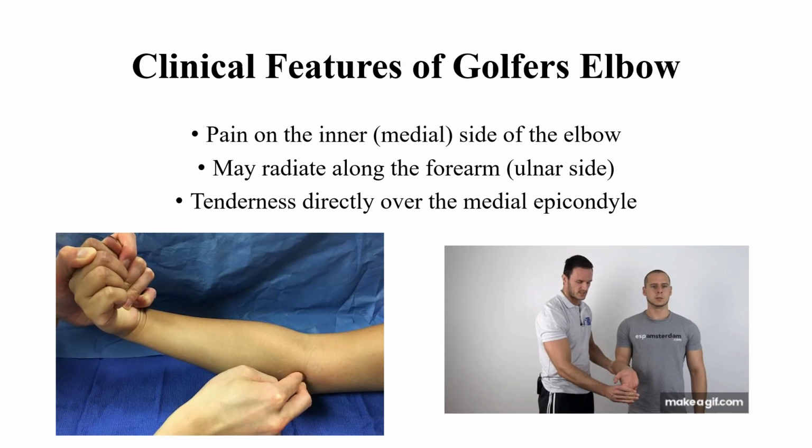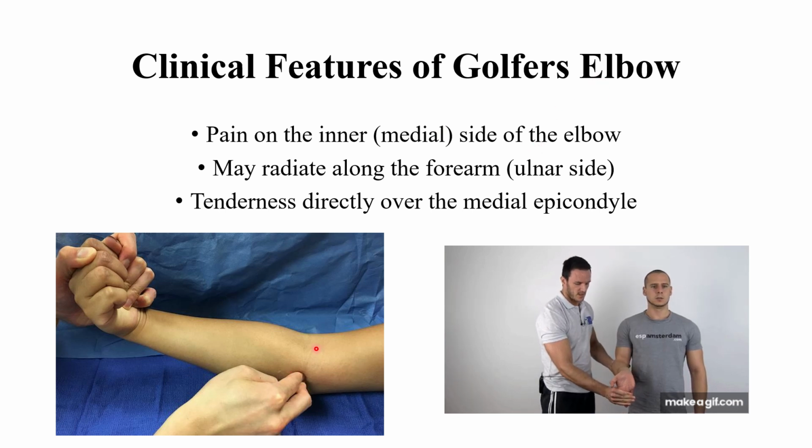Now let us look at the clinical features of medial epicondylitis, also called golfer's elbow. Similar to lateral epicondylitis, where the pain is on the lateral aspect of the elbow, there is pain on the medial aspect of the elbow in medial epicondylitis. Sometimes it can radiate to the ulnar side as well.